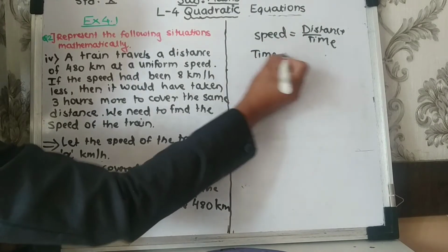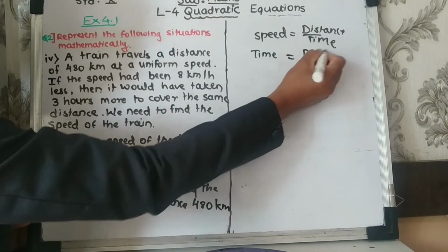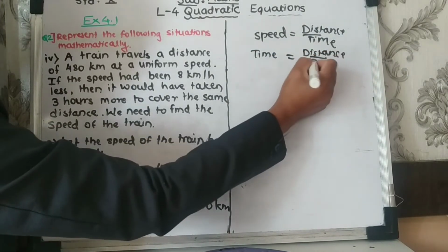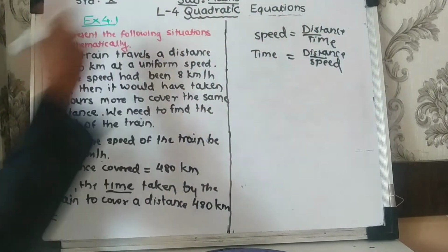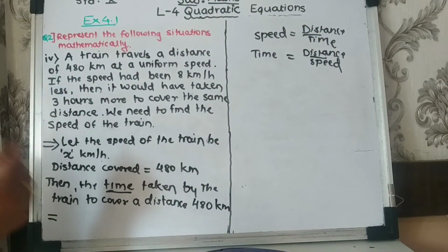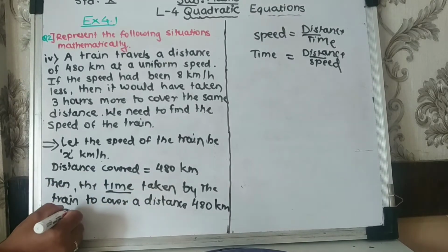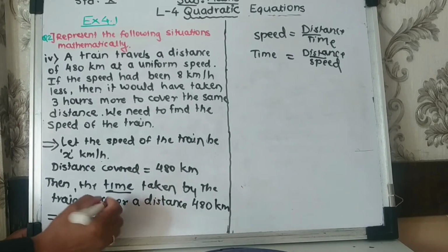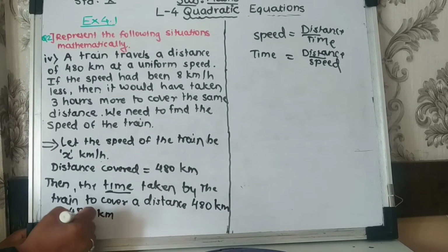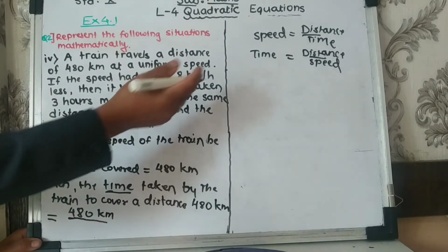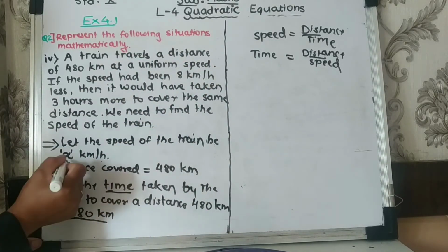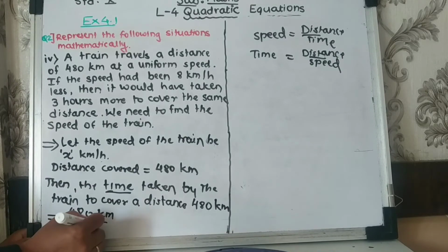We will write time equals distance upon speed. The distance the train has covered is 480 kilometer, and the speed is x kilometer per hour.